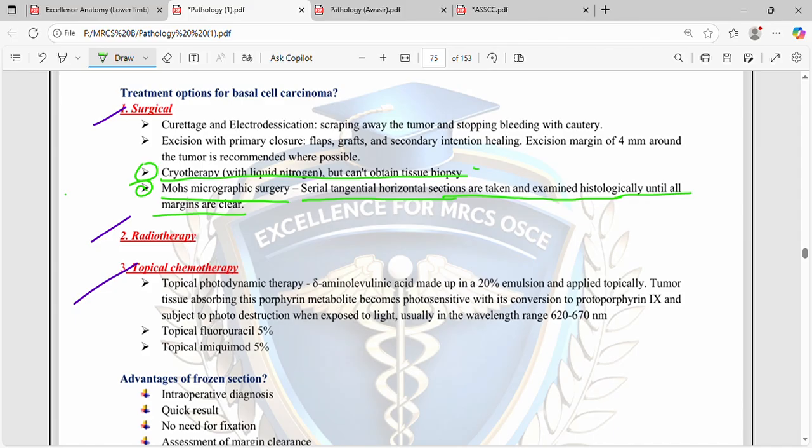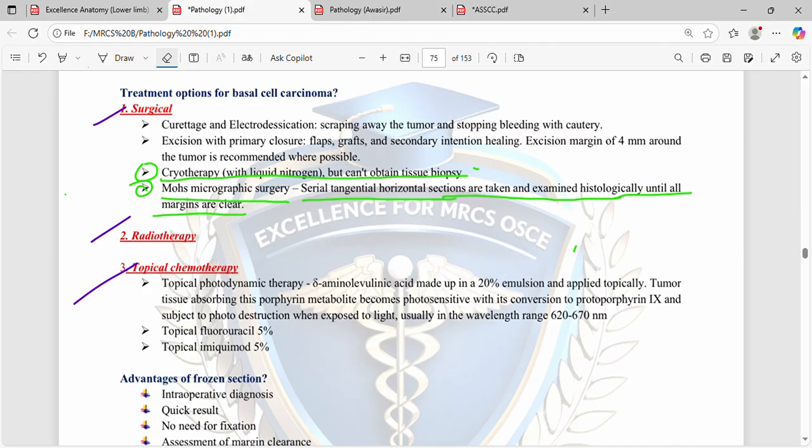You have to take thin narrow sections and constantly do frozen sections and check whether we have clear margins or not. So you do it for specific indications, for example recurrent lesions or cosmetic regions, for example face, genitalia, and extremities. In such cases we do Mohs microsurgery.